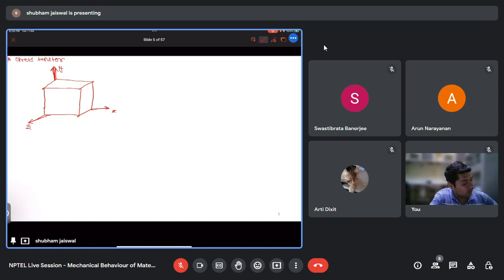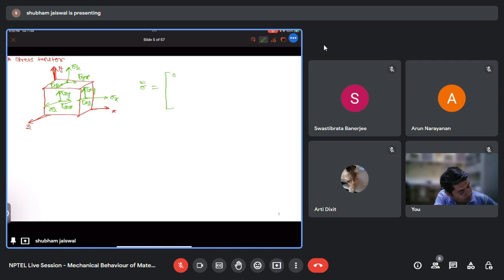So we saw one diagram like this. Here some forces are applied: sigma x, tau xy, tau xz, sigma y, tau yx, tau yz, sigma z, tau zx, tau zy, and we represented it in the form of a matrix.